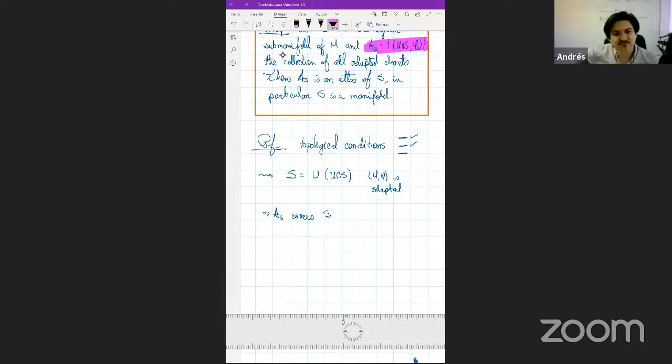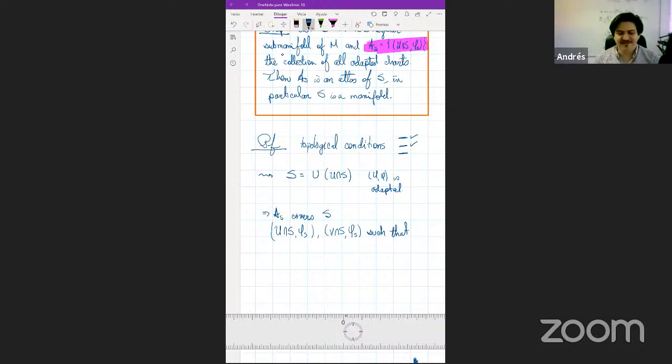I'm just going to give you the sketch of this. I don't want to use that notation.